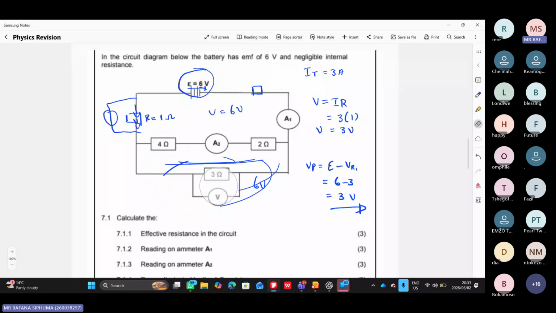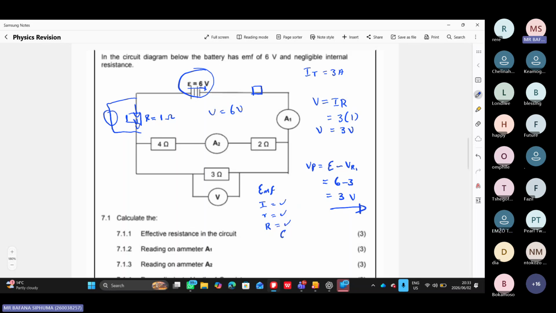When you're looking for the EMF, do you have the total current? Yes. What about internal resistance? Yes, given. What about the capital letter R, the total resistance? Yes.